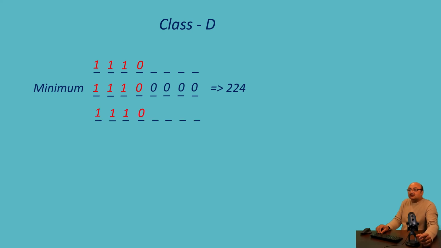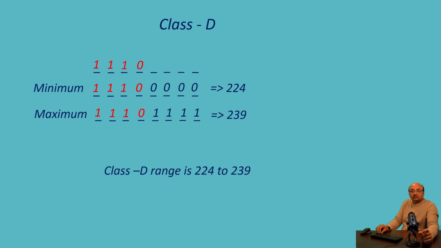And then if I vary and set all these remaining 4 bits to ones, that gives me a total decimal value of 239. This becomes my maximum value for class D. And hence the range for class D is 224 to 239.